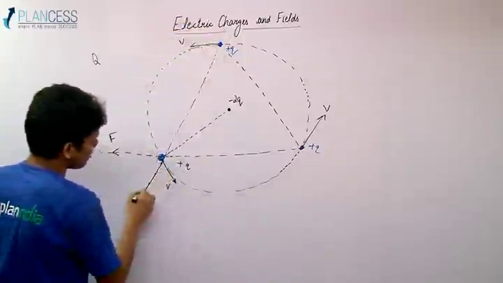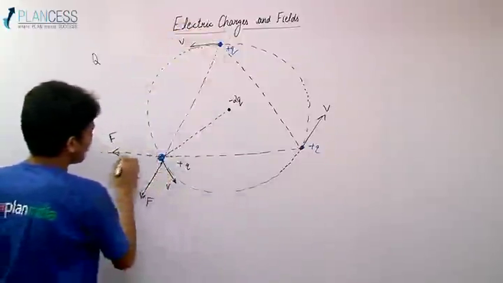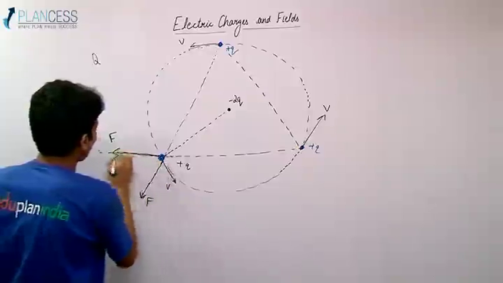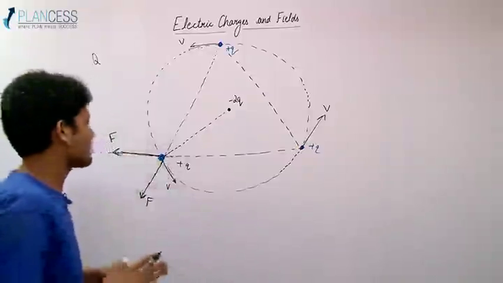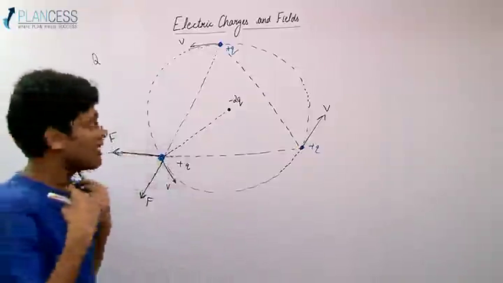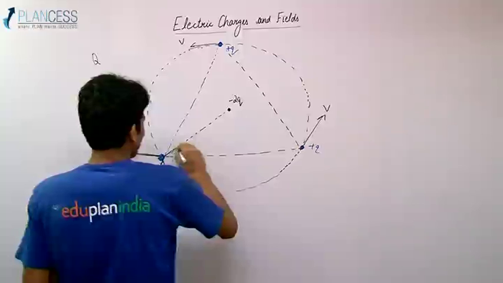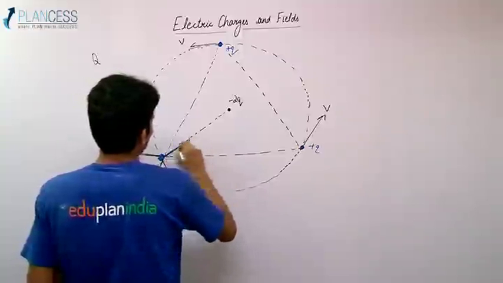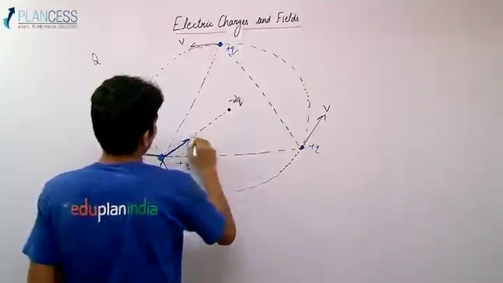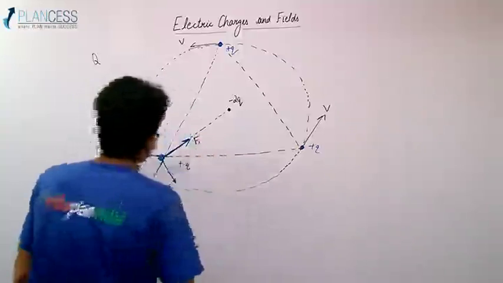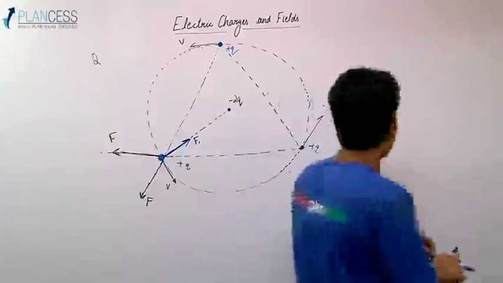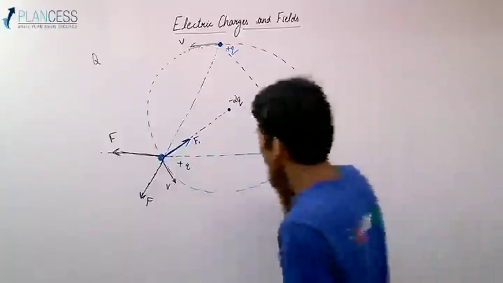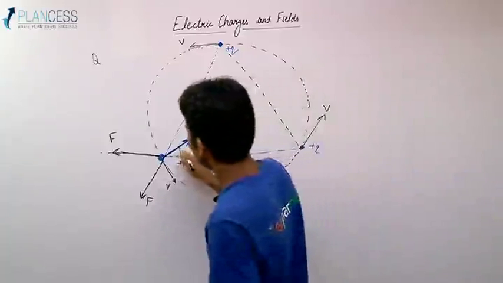So we have a force F here, a force F here, and these are the two repulsive forces, and there is an attractive force applied by the charge minus 2q. Here is an attractive force, you can consider it as F1. If I want to find out the total force on this plus q, we know that this angle is 30 because of symmetry.